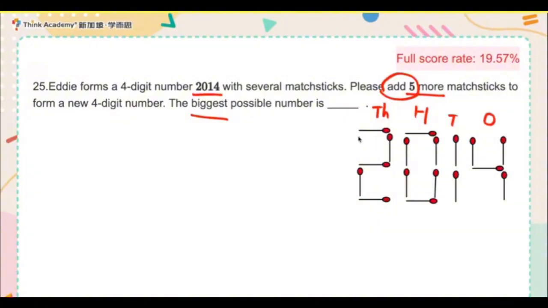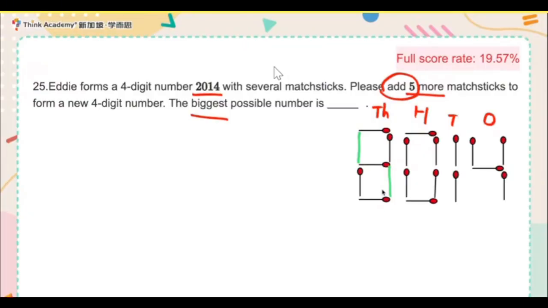So this time, how about 9? Can we form a 9? Seems cannot, but we can form an 8, right? So Teacher Jane just used 2 matchsticks. Remember, we got 5 in total. I used 2, so right now I only got 3 left.